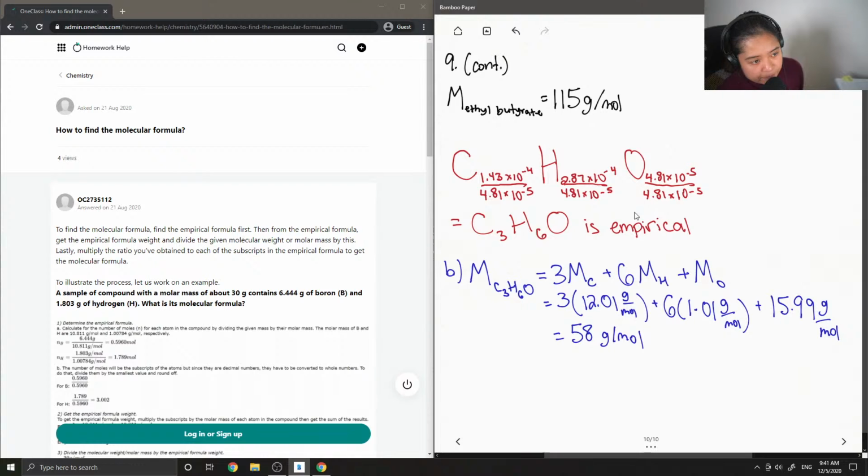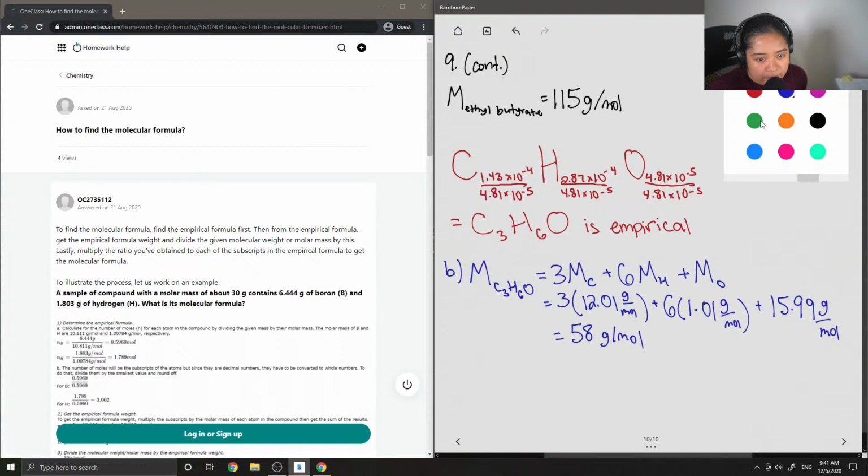Okay, so we know that the molar mass of ethyl butyrate is 115. So we need to divide 115 by our empirical molar mass, which is 58, to get the ratio of the two.